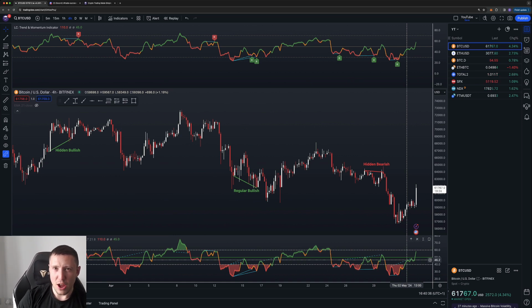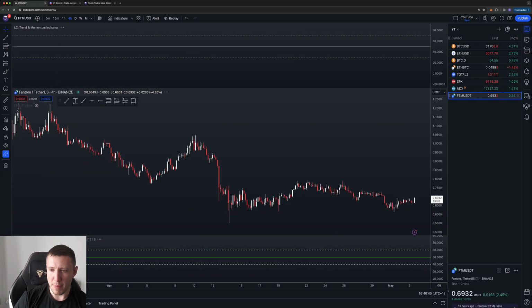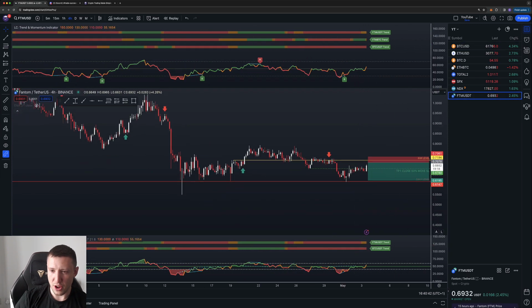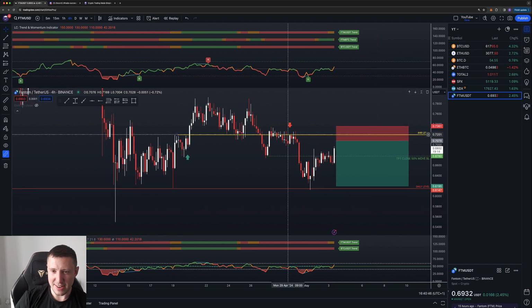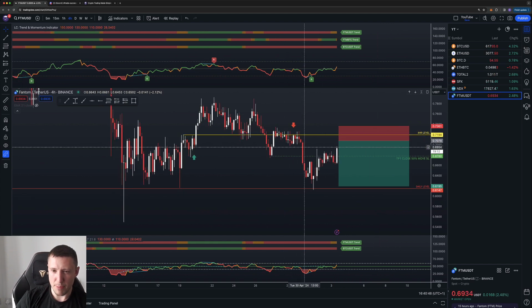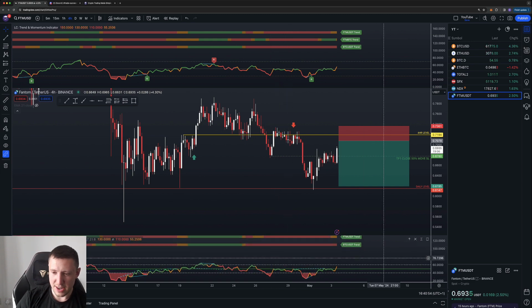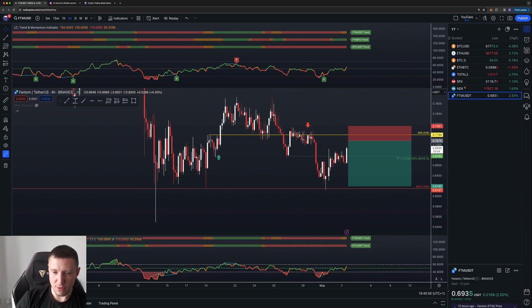Now, before I go, I'll show you the quick results of a trade that we put up on Monday's video on YouTube. So I talked about this short on FTM, where we entered here because we had broken below a 4-hour level of support. The trend bars were red. Again, if you want a more detailed description of how I use them, follow the link in the comments below.